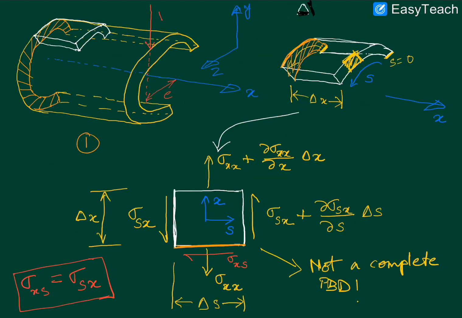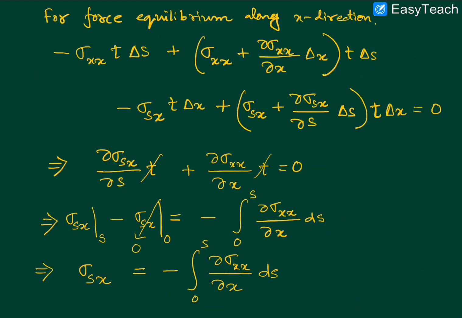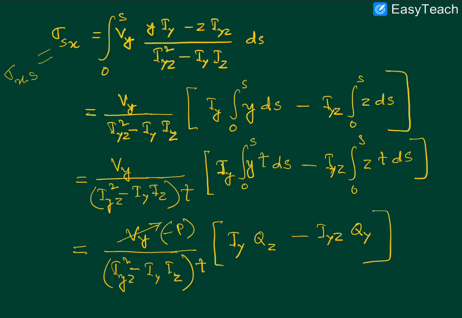So this is P, the magnitude of this externally applied force is P. So we have managed to write the shear stress in terms of P, in terms of the second moments of area, in terms of the thickness, and here the first moments of area.